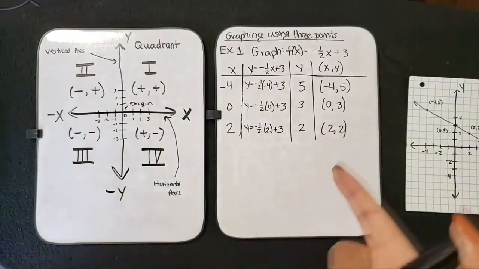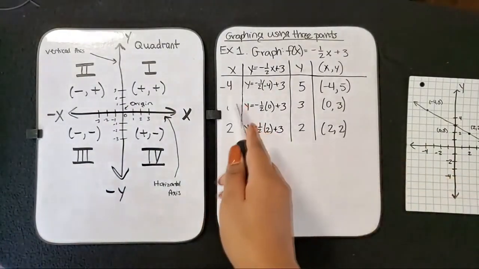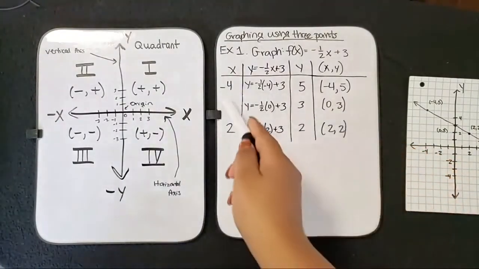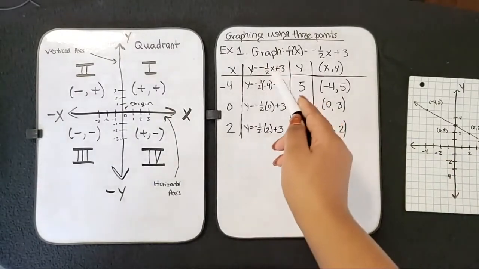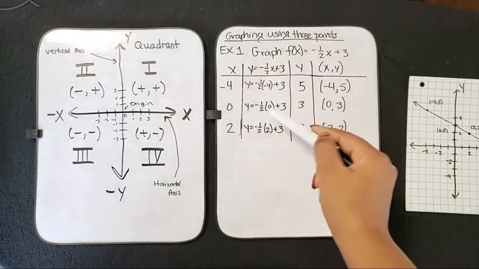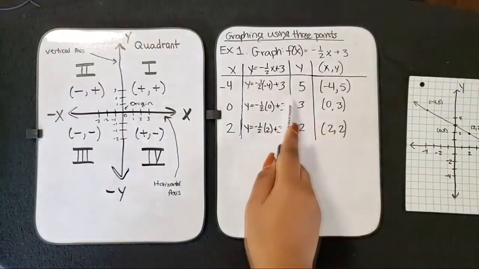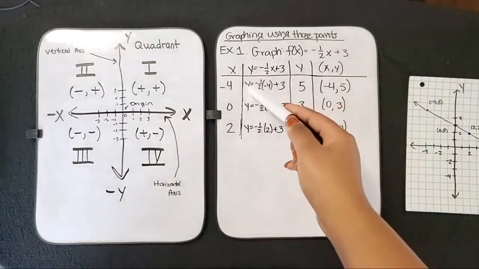Those are the three that I chose. So the same way we have done before with evaluating, we're just going to plug that term in for x. Everywhere you see the x, we're going to plug that number in, okay? After we work it out, we get what our y equals.